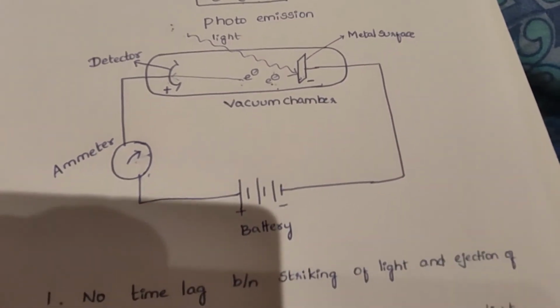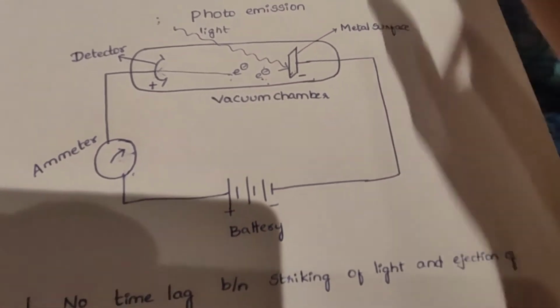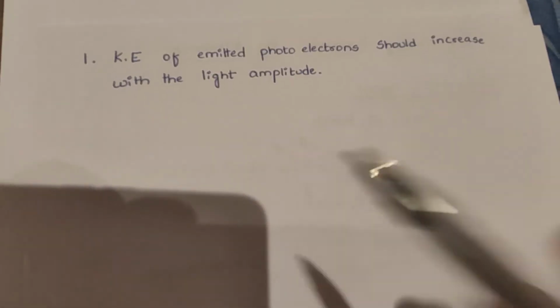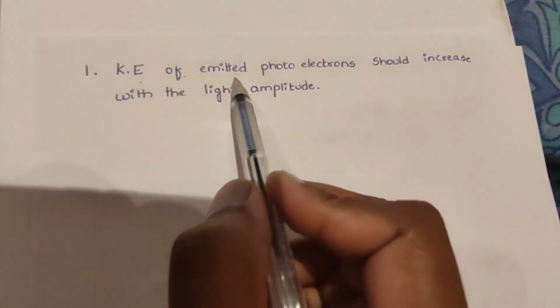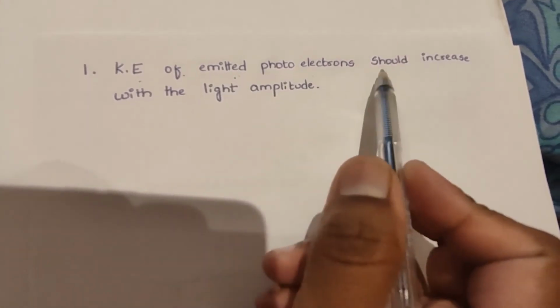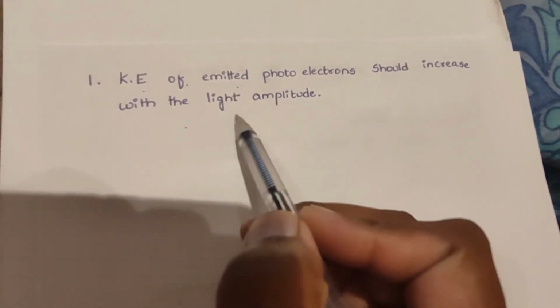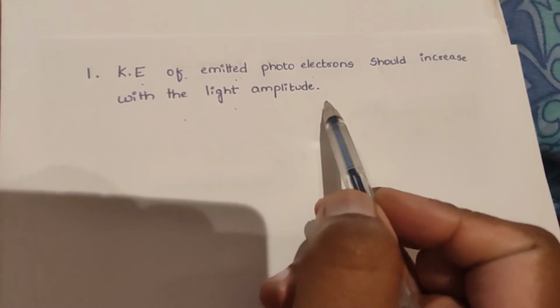So considering this wave nature of electromagnetic radiations, scientists made some predictions. First one, the kinetic energy of emitted photoelectrons should increase with the light amplitude.